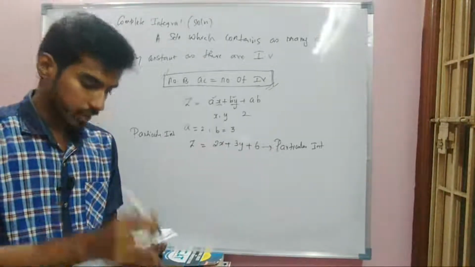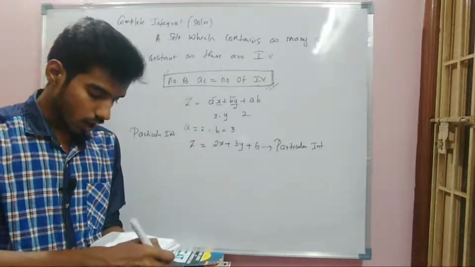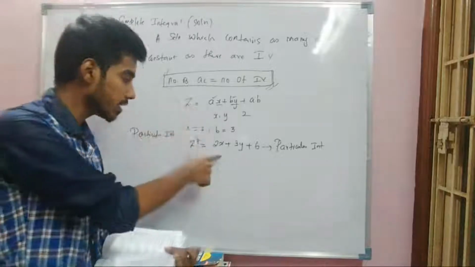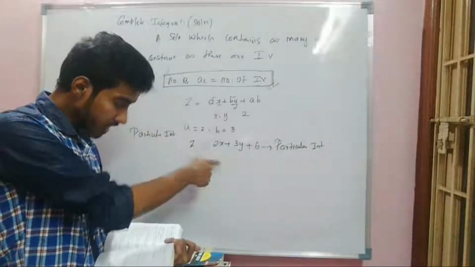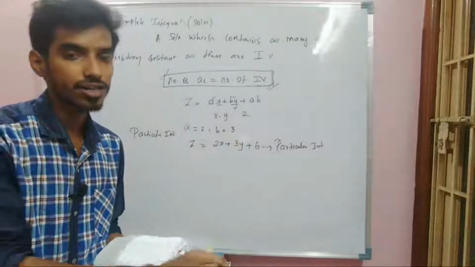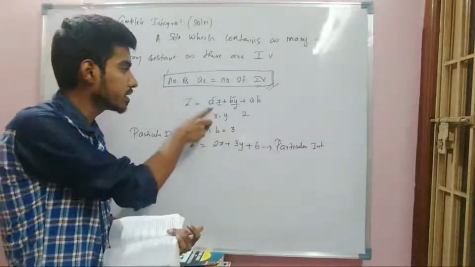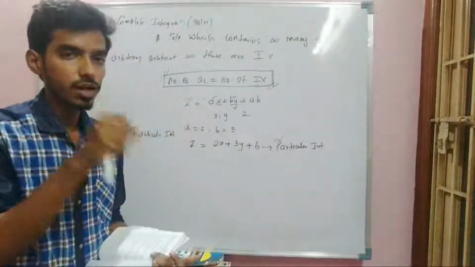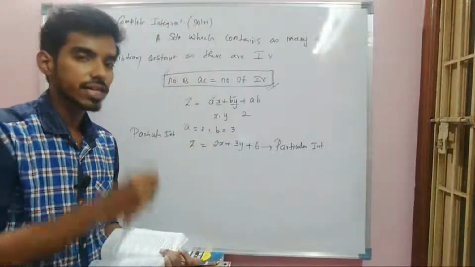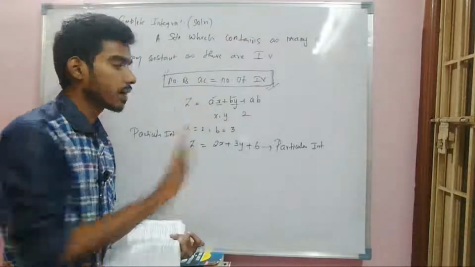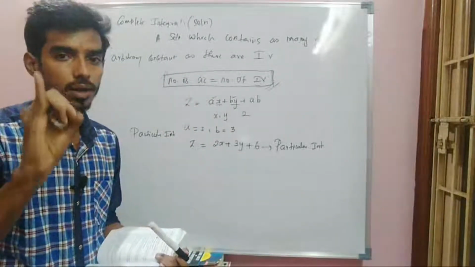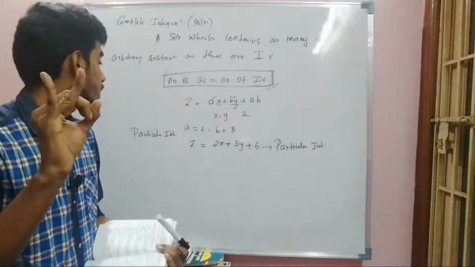Particular integral: a solution obtained by giving particular values to the arbitrary constants in a complete integral is called particular integral or particular solution. If the solution is obtained by giving some values to the arbitrary constants, then that solution is called the particular solution. So we have seen two definitions so far, complete integral and particular integral.